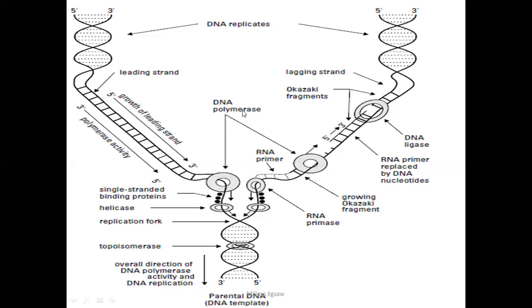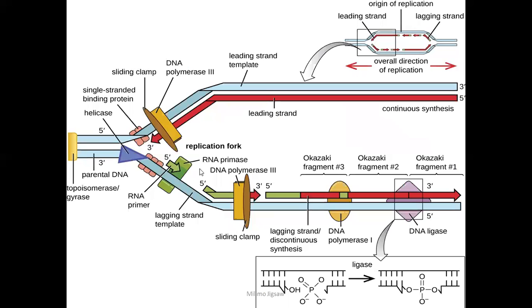So this is a diagram which simply summarizes everything that we've talked about, an overview of how DNA replication takes place.